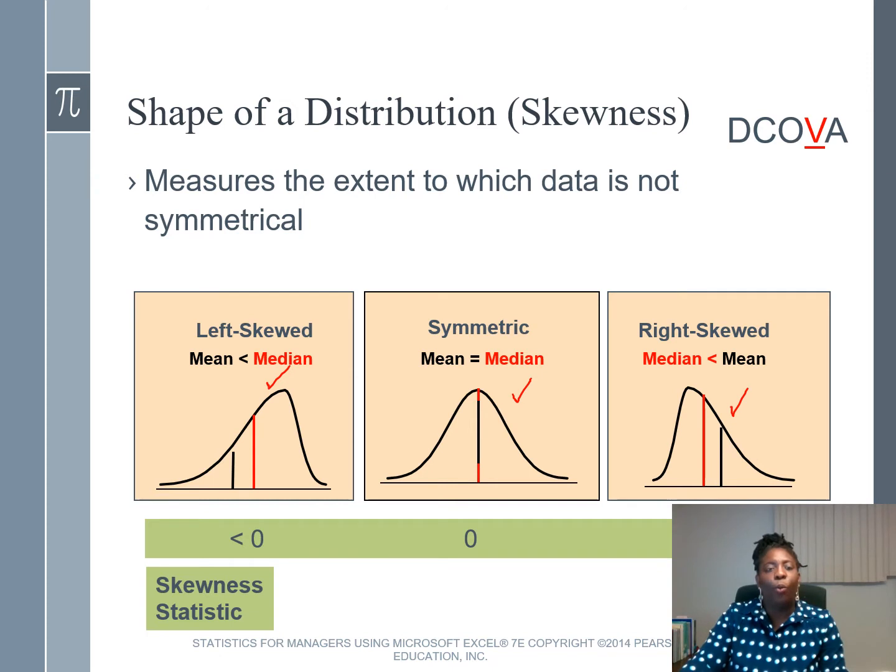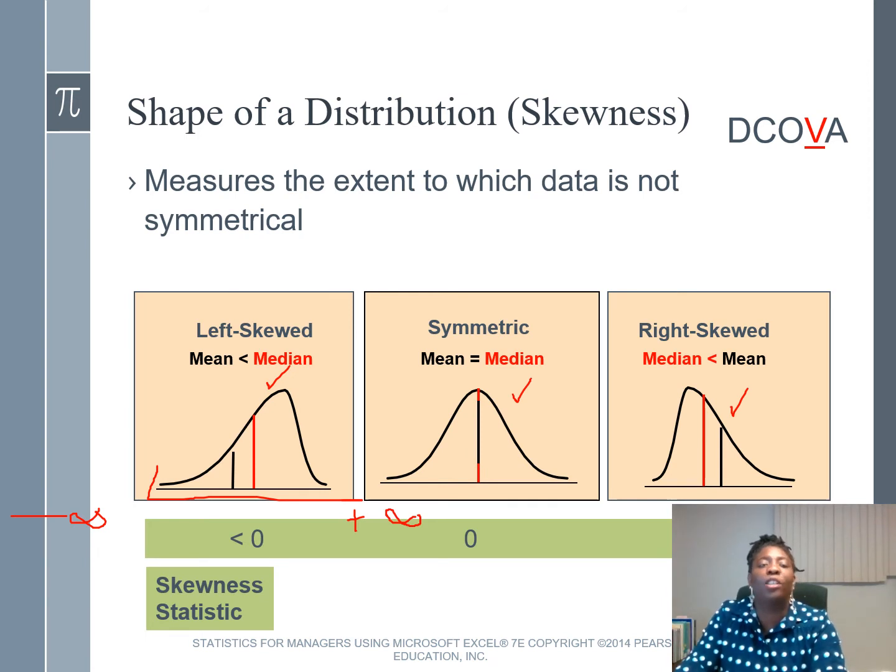So, what about left skewness? If we consider the numbers here a number line, this is the negative infinity side of the number line. This is the positive infinity side of the number line. That shows you that in this data, we have a few really, really small numbers, and more large numbers.